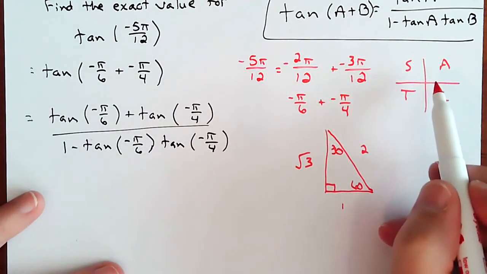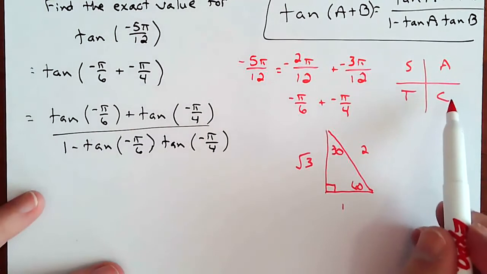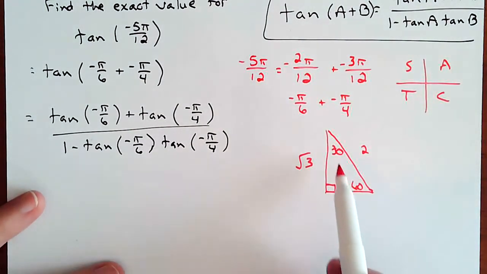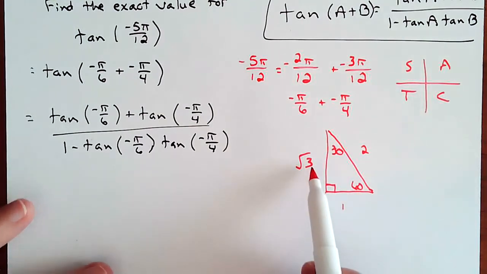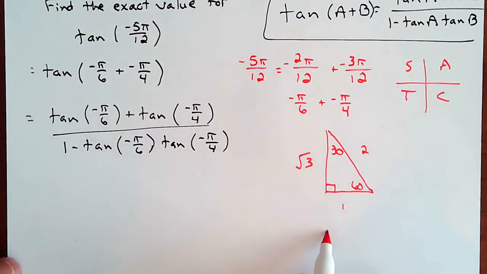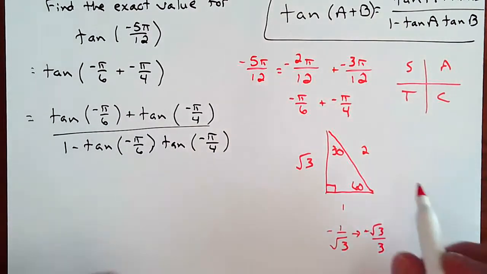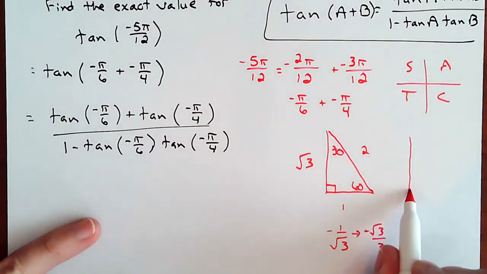These are our signs, and we are in the fourth quadrant on this, so cosine is the only positive. So when we evaluate this, getting a 1 over root 3, it's really going to be a negative. So that negative 1 over root 3, I'm going to convert into negative root 3 over 3, because we're going to rationalize the denominator.